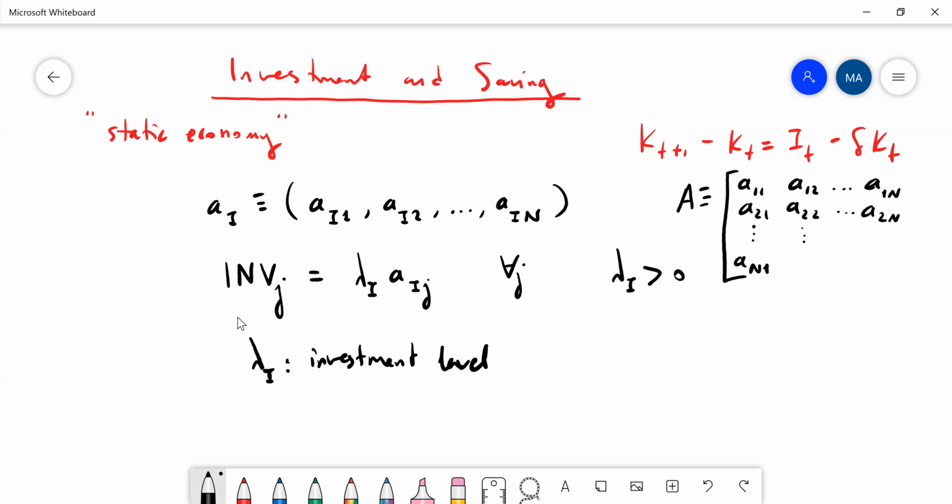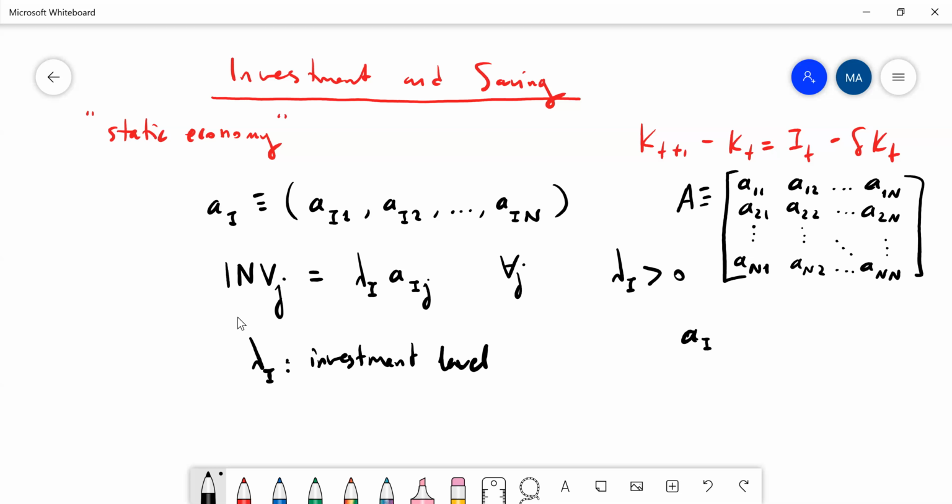Remember that? Now we have a vector of technical coefficients. Okay, and for the investment good to be produced, for instance, I need 2 buildings, okay, for 1 unit.